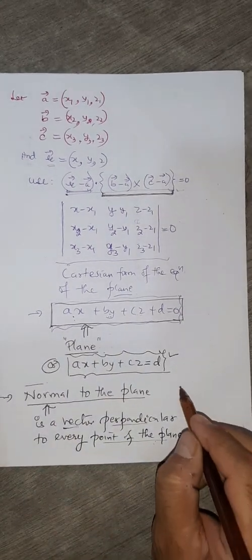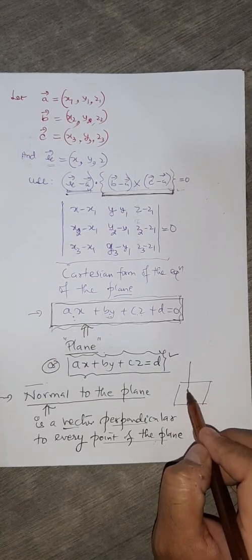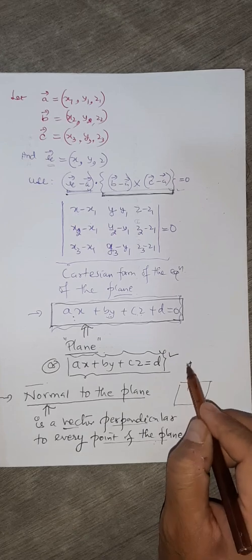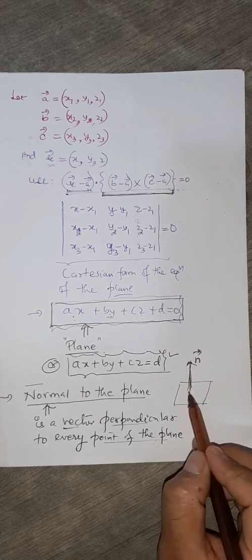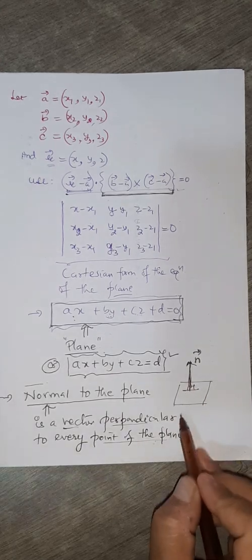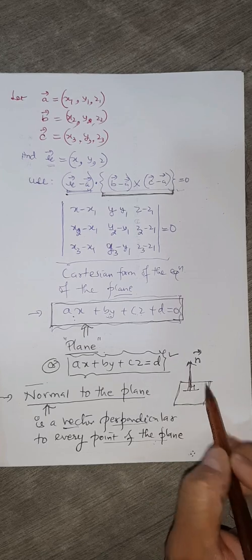Suppose here, if I have a plane like this, then you can consider one vector like this. This is known as a normal. Vector n, which is perpendicular to every vector of the plane. This is defined as a normal to the plane.